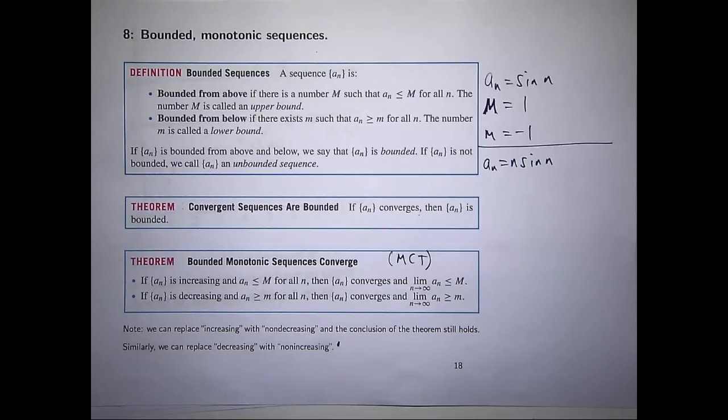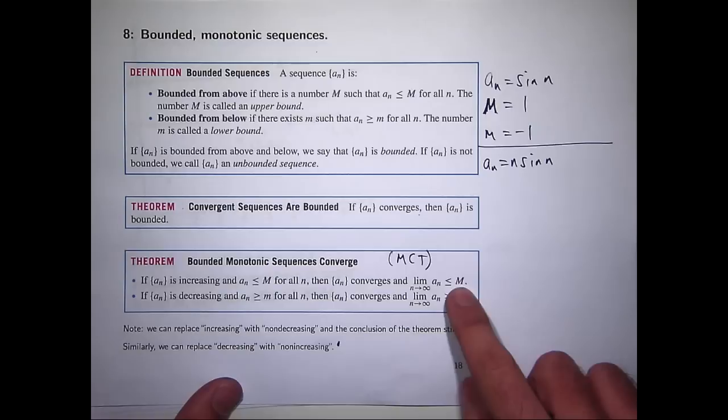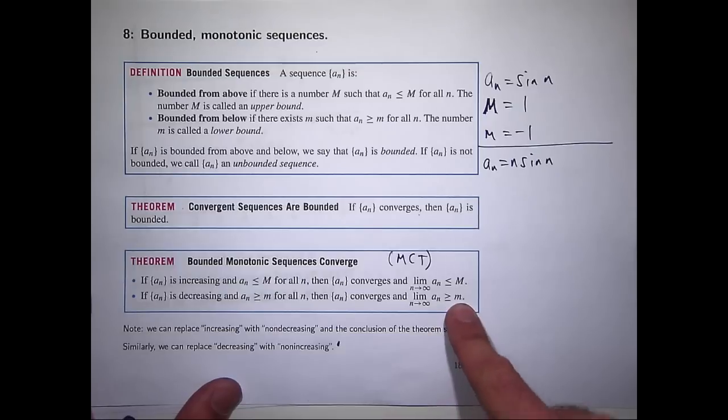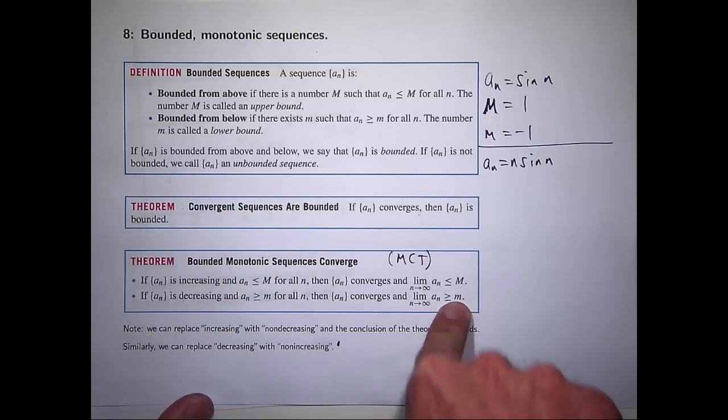Okay, now these theorems are slightly abstract, the monotone convergence theorem, because it doesn't tell you what the limit is. Okay, it just tells you that the limit exists, and in the first case, the limit is less than or equal to this upper bound, and in the second case, the limit is greater than or equal to the lower bound, or a lower bound.